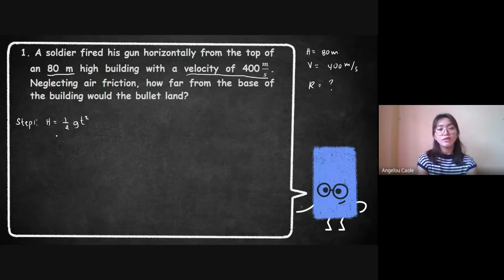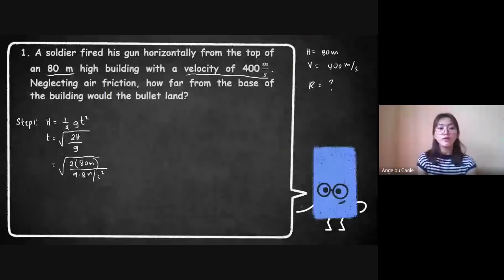Of course, manipulating the formula, we got t is equal to the square root of 2h over g, right? Substitute square root of 2 times height, which is 80 meters, divided by the acceleration due to gravity, which is 9.8 meters per second squared. Okay, so my answer here is 4.04 seconds.